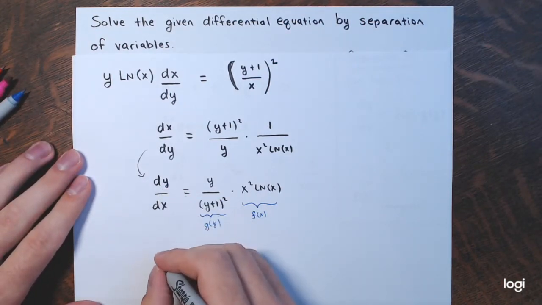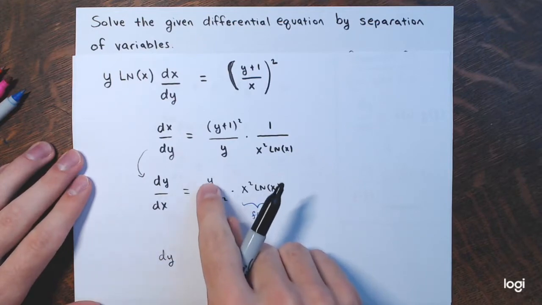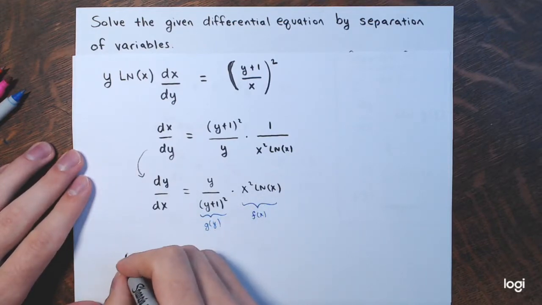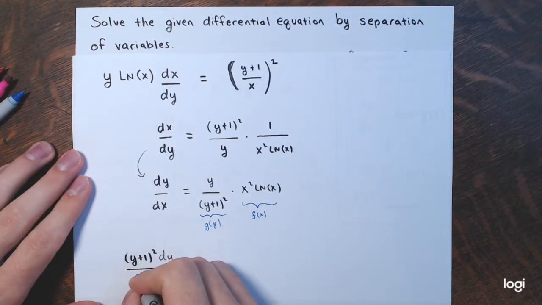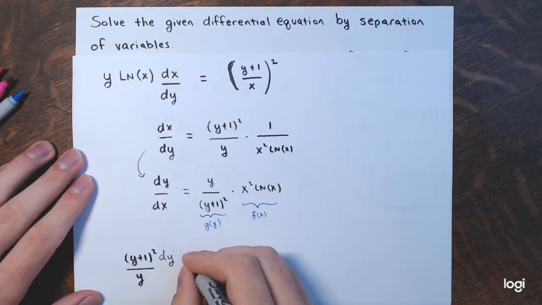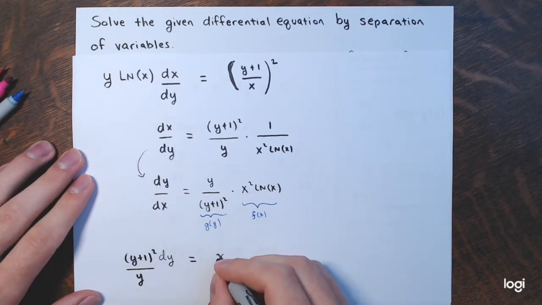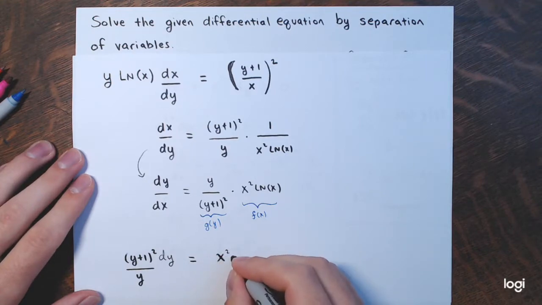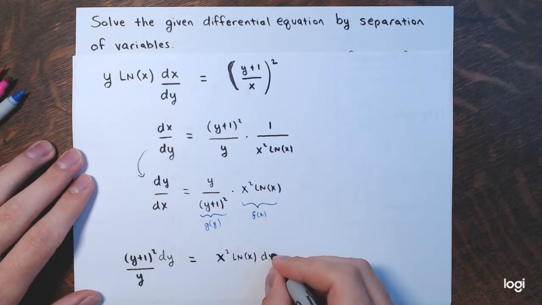So I'll leave the dy on the left, and then divide by g of y, or basically multiply by the reciprocal of this fraction here, and we get the quantity y plus 1 squared divided by y, times dy, equals, and then move the dx to the other side, we have x squared times the natural log of x dx.